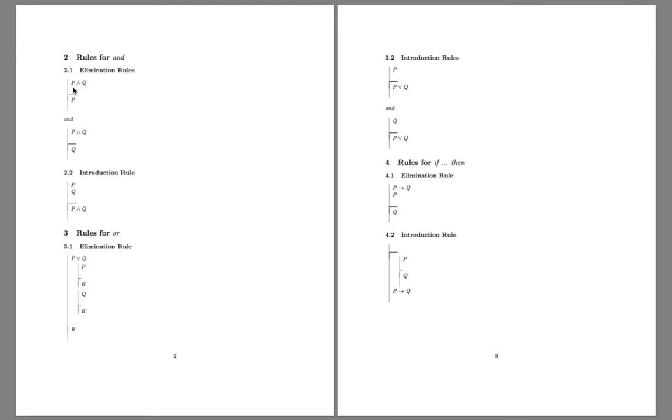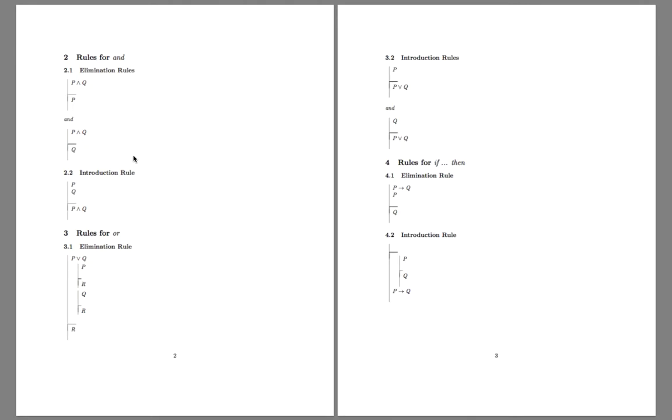We have some sentence that contains an and, P and Q, and the idea is that, well, if that conjunction is true, then of course each of those two conjuncts must itself be true. Right? So that is, from a sentence like P and Q, we can infer that P is true. Or, similarly, we can infer that Q is true.